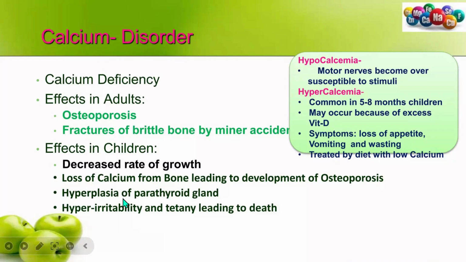Then, of course, there are effects in children. It decreases the rate of growth of children. Loss of calcium from bone leads to development of osteoporosis. That is also called hyperplasia of thyroid gland, and there is also hyperirritability and tetany leading to death.